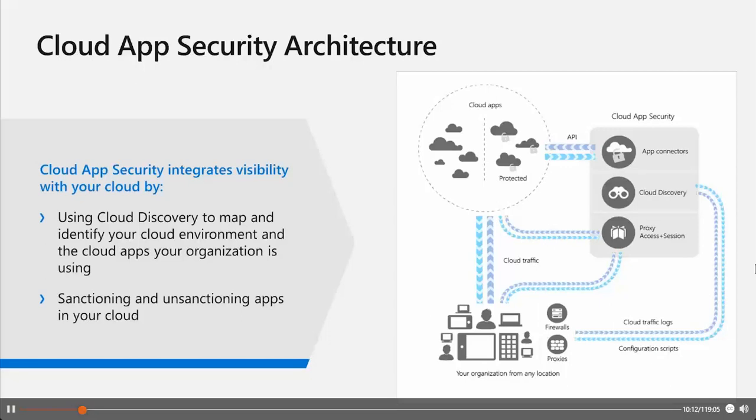Cloud App Security uses the APIs provided by the cloud provider, so each app has its own framework and API limitations. Cloud App Security works with app providers on optimizing the use of APIs to ensure the best performance.